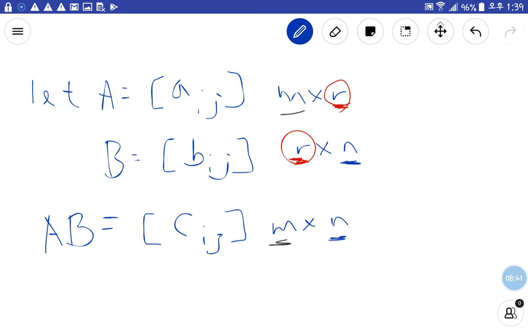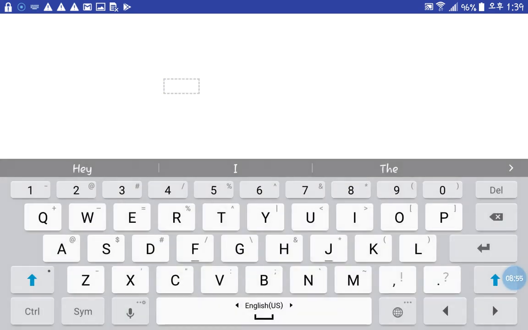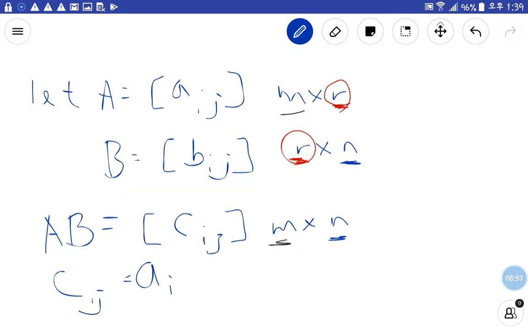Okay, so that's the explanation of multiplication. Cij is going to be written like this: Ai1 times B1j plus Ai2 times B2j, and so on up to Ain times Bnj.